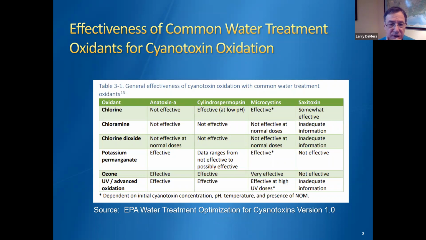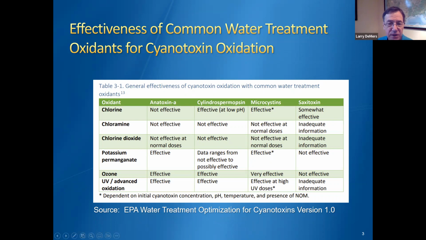Actually, if you just scan across the table for chloramines, they're not that effective, or there's not information. Surprisingly, chlorine dioxide doesn't appear to be that effective either. Permanganate is effective for microcystins. Ozone very effective, and then advanced oxidation is very effective as well.